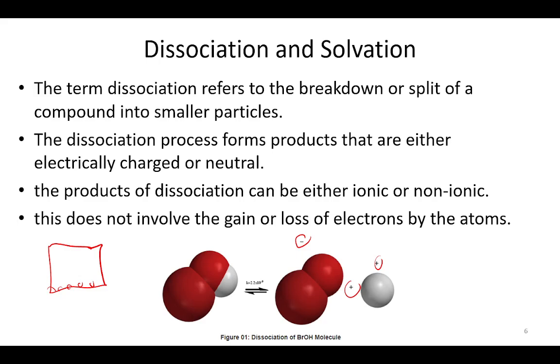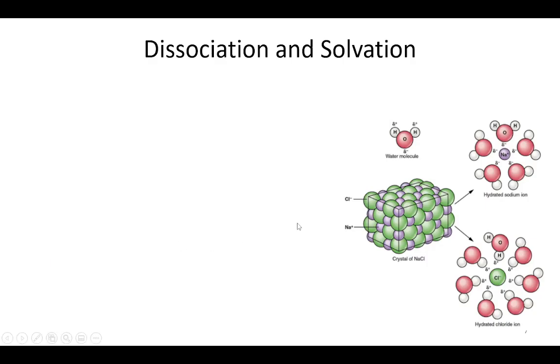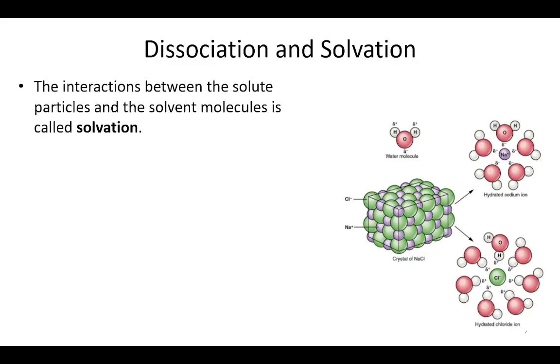Now, comparatively, solvation is the process where the solvent interacts with the solute. There are some attractions between these two particles due to our intermolecular forces. So those interactions are called solvation. My specific example here is sodium chloride, but a lot of ionic compounds do this, as well as many polar compounds.